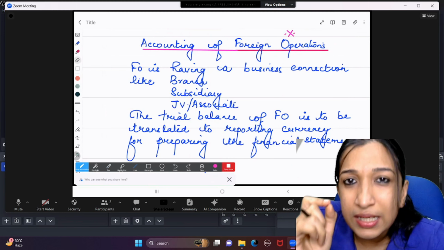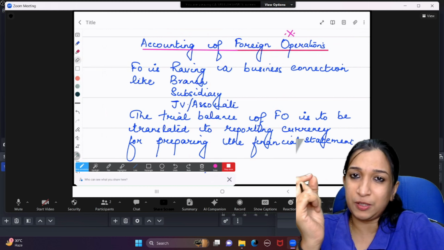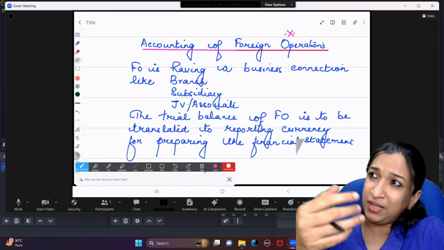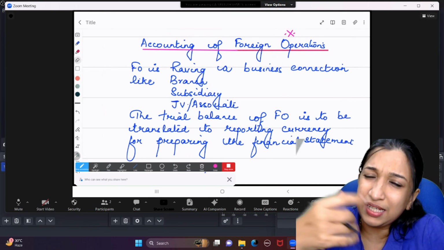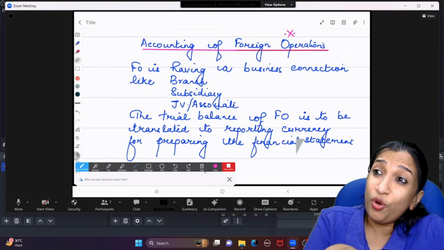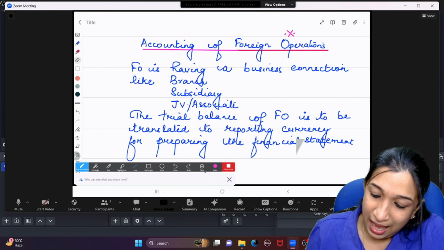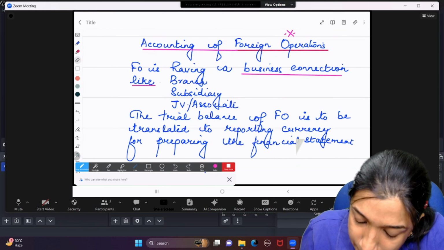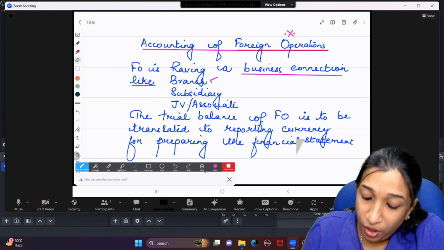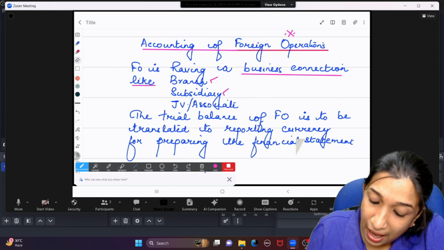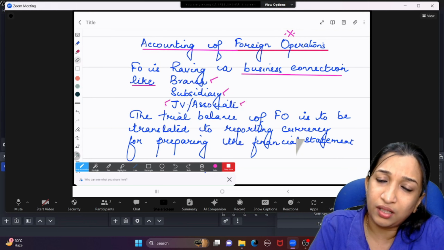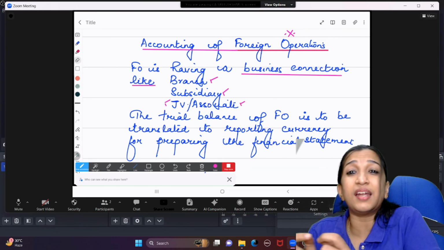See, foreign transaction is a one-time event. One-time event means there is a debit credit, that's a transaction, or it can be a series of transactions. But foreign operation means having a business connection like a branch or a subsidiary, or having a joint venture or having an associate there.